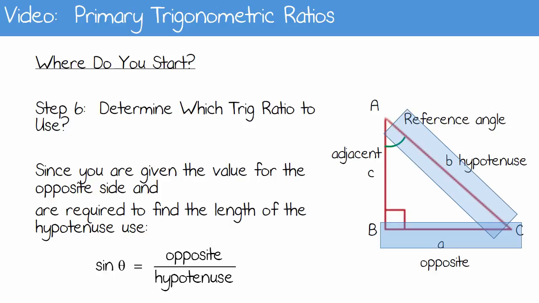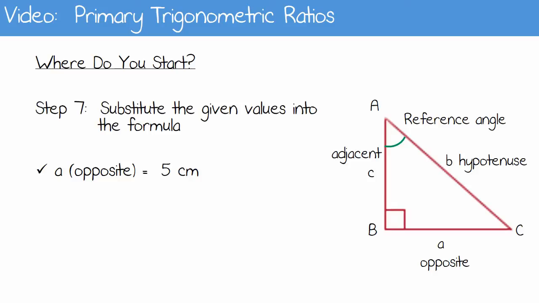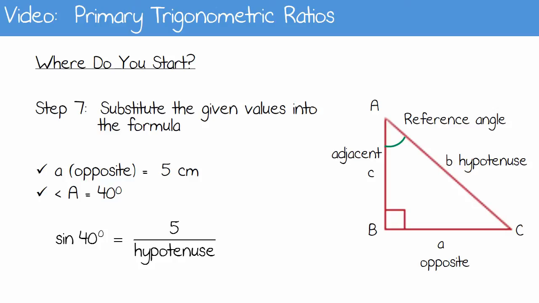Sine theta is opposite divided by hypotenuse. Now that we know the formula to use, we substitute the given values into the formula. Opposite is 5, angle A is 40, so sine 40 degrees is equal to 5 over the hypotenuse.